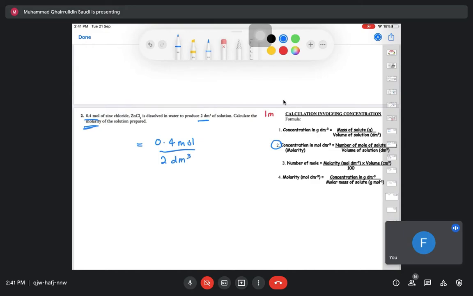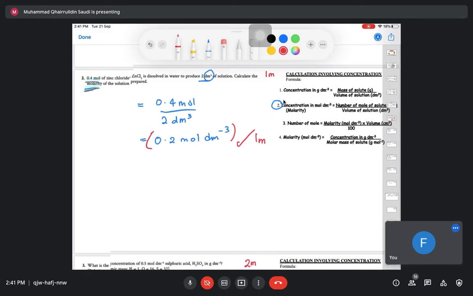We don't have to divide it by 1000 because it is already in decimeter cube. Press calculator, you get 0.2 mole per dm cube. Make sure you have the correct unit. Then 1 mark.